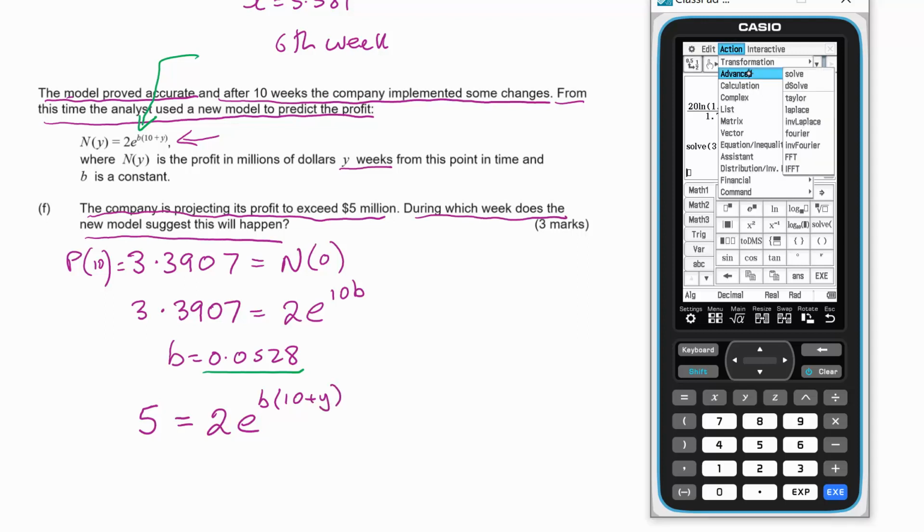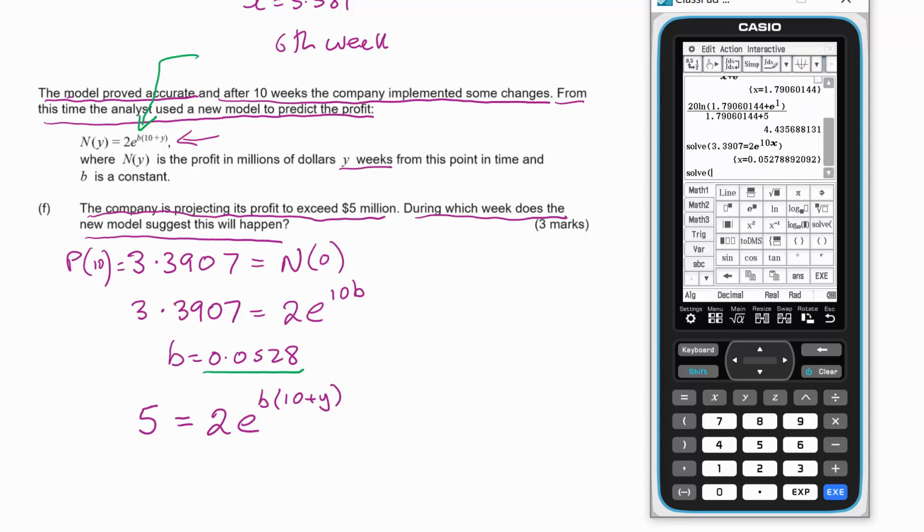So action advanced solve. 5 equals 2e to the, let's grab that, drag it in there, open a bracket, 10 plus x, and close the bracket at the end, and solve, and we get 7.36.